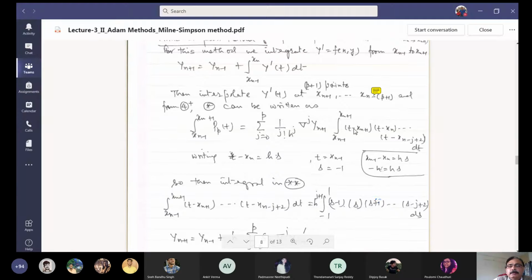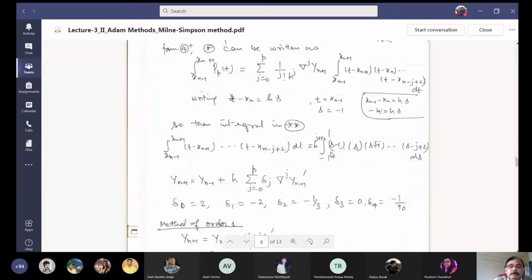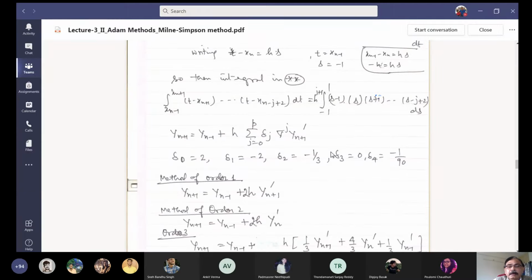So it will be (t minus x_{n-1}), (t minus x_n), and (t minus x_{n-j}), it is basically minus 2, and then because it has to go up to p, the last will be x_{n-p+2}, and the last term will go there in the local truncation error. That I am not writing here. Since I have already explained those things, you can calculate this.